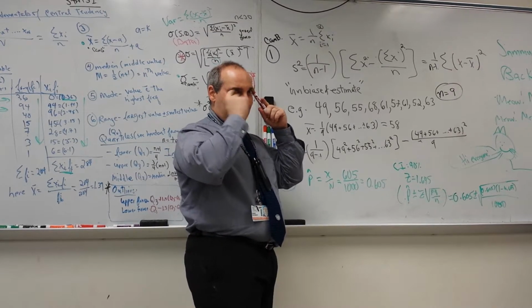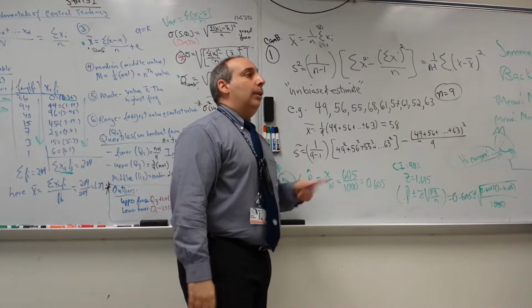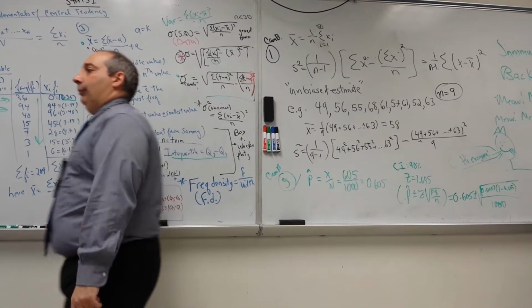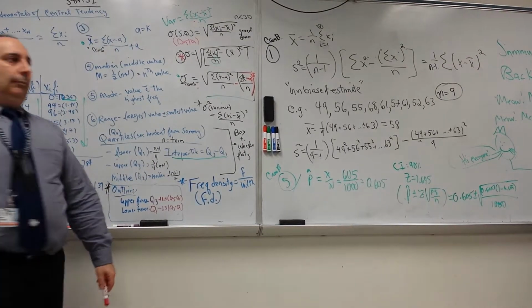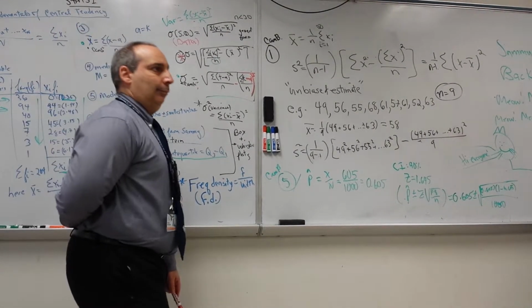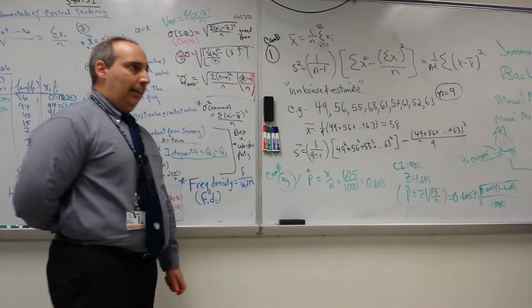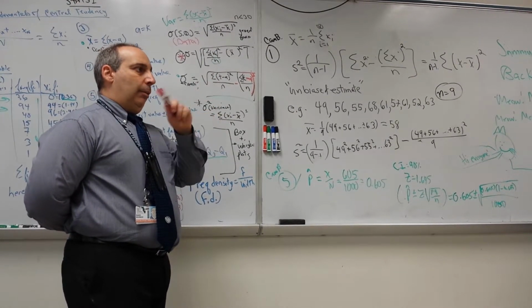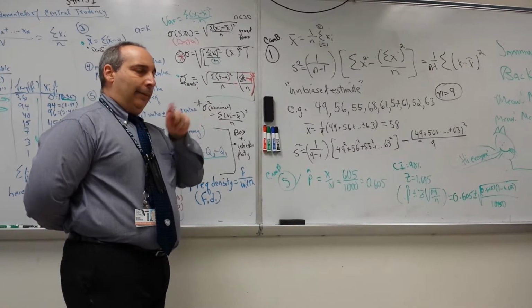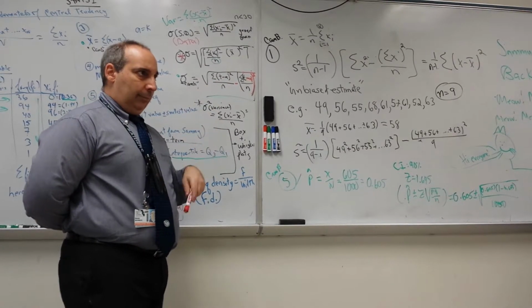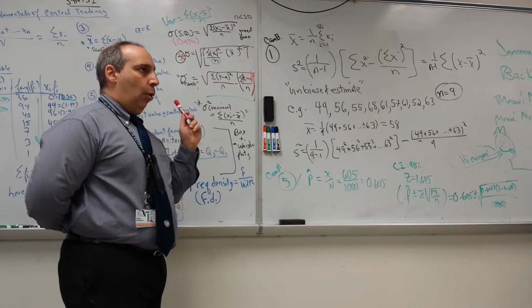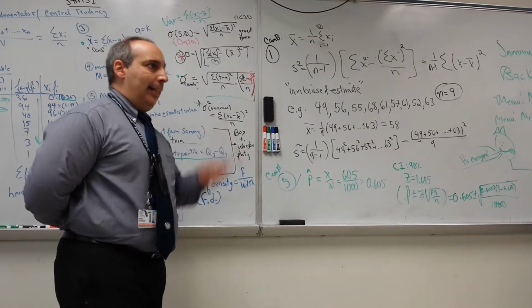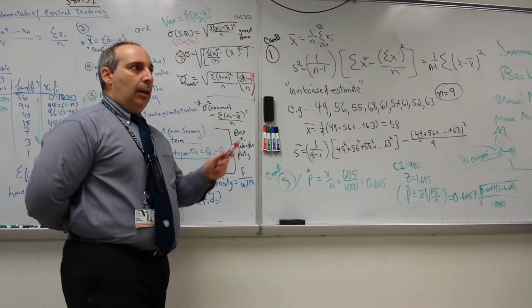Number 2, confidence intervals using X bar. Remember that X bar thing? X bar plus or minus C, sigma over square root of n, or sigma squared over n. Know how to do them. Interpret what the CI means.